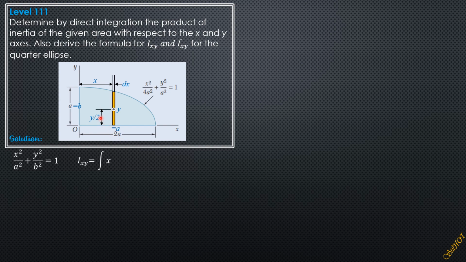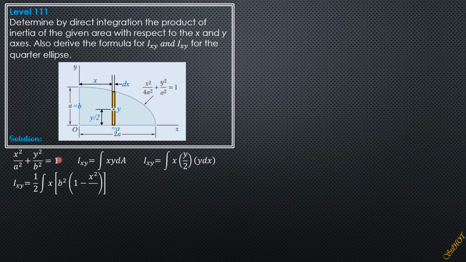Ixy is integral of xy dA, where x is the x coordinate of the centroid of the element, which is just x, and y is y over 2 in this case. dA is height times thickness, so y dx. Limits from 0 to a. So x, y over 2, y dx. Ixy therefore is 1/2 integral of x y square.